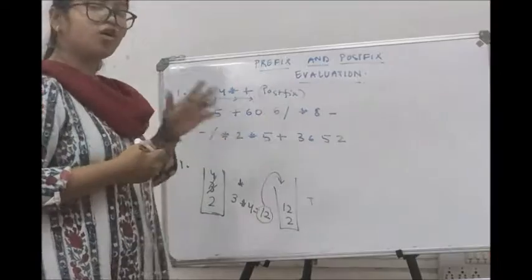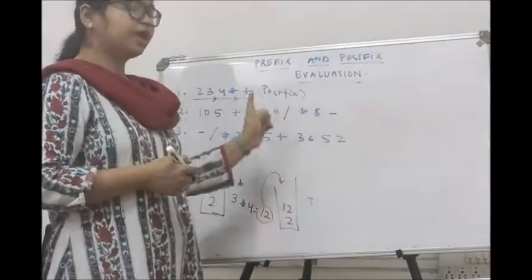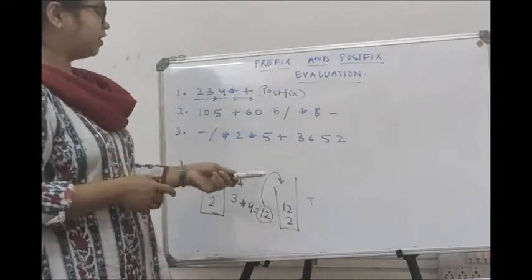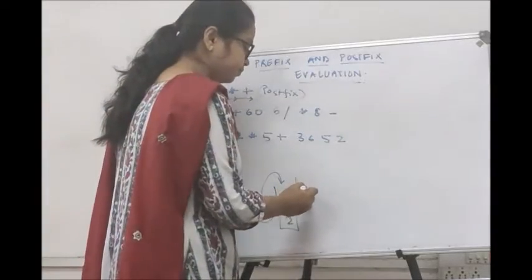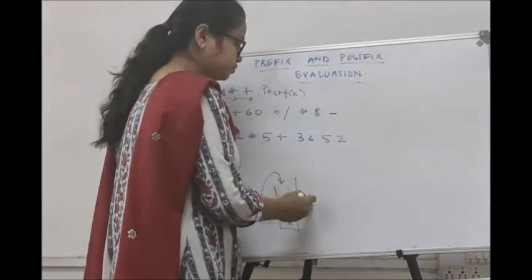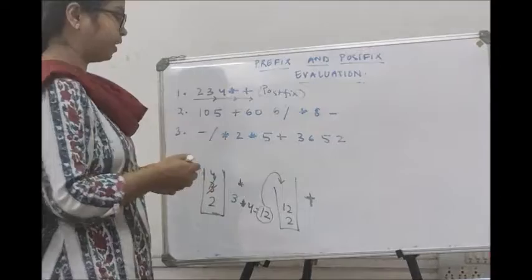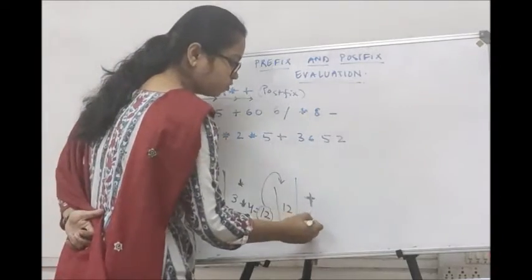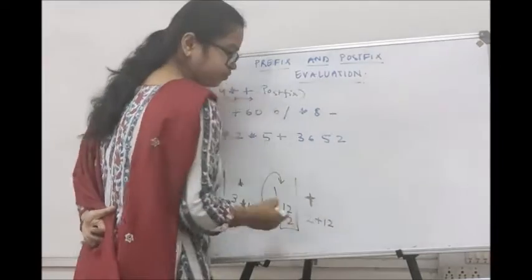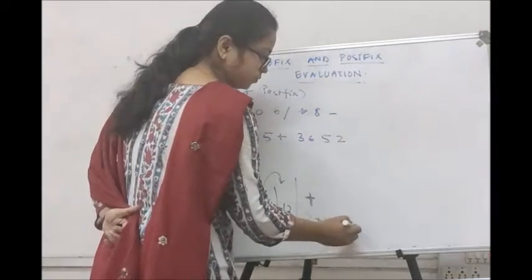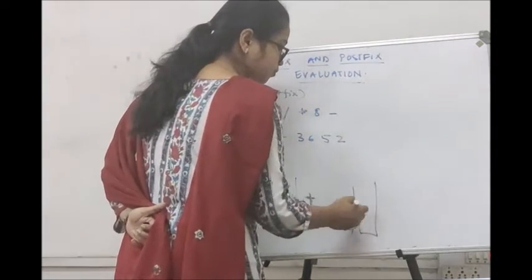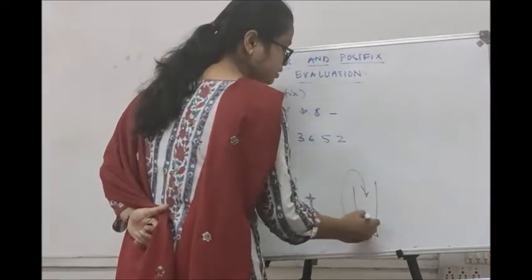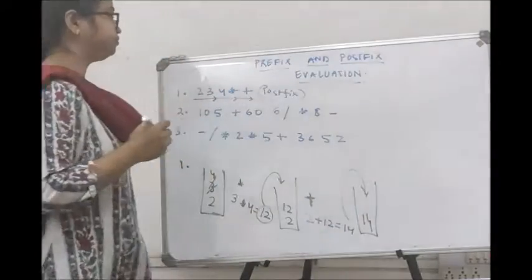Whenever we encounter an operator, we pop the operands. So what are the operands we pop now? 2 plus 12 is 14. Now 14 is pushed back to the stack. What is the content of the stack now? 14.